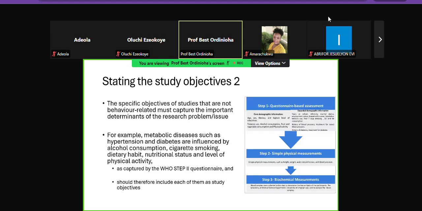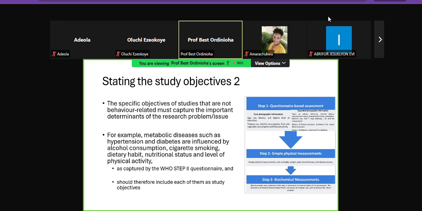Okay, and if you are doing any study that has to do with hypertension, diabetes, and other metabolic diseases, please take notes. According to the WHO Step 2 questionnaire, there are associated factors you must include in the study objectives. If you are doing a study on hypertension or diabetes, you must include BMI, that is, do anthropometric measurements. You must do the dietary practice.